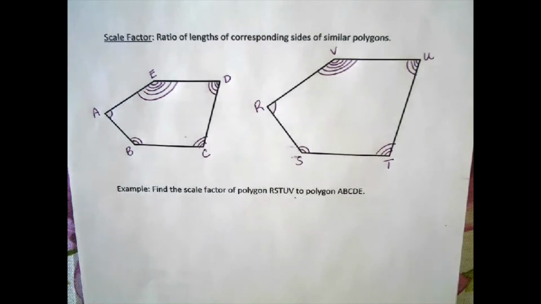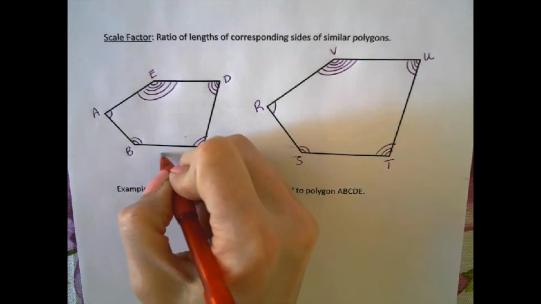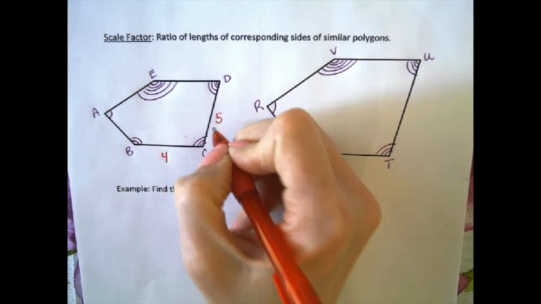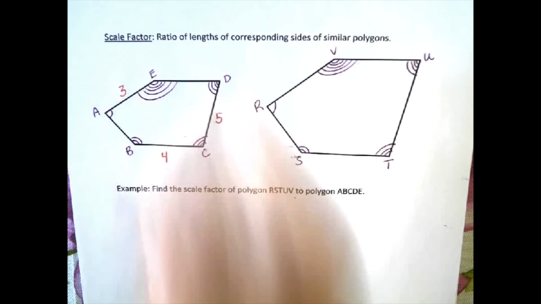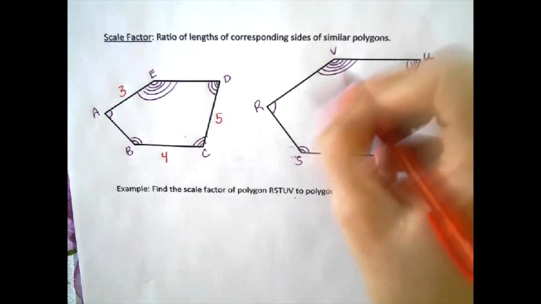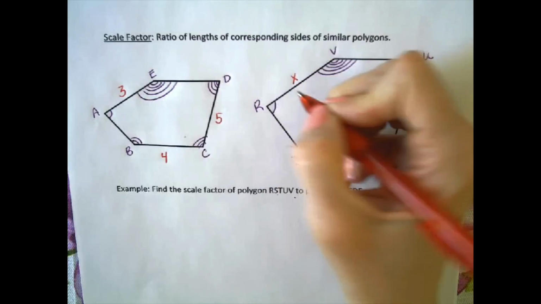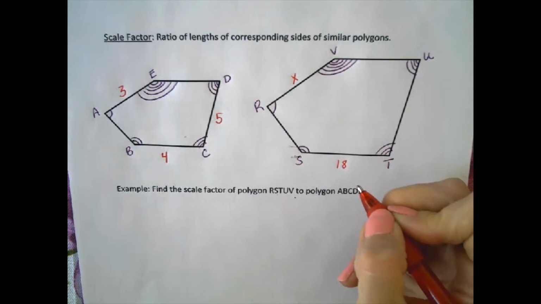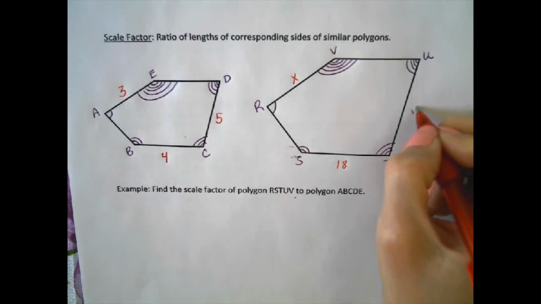In this particular case, I happen to know that side BC is 4 units, DC is 5 units, and AE is 3 units. I also know that RV is X units, ST is 18 units, and UT is Y plus 2 units.